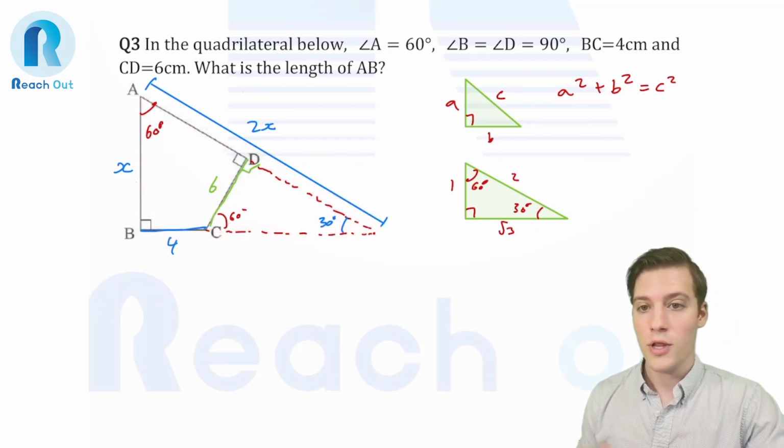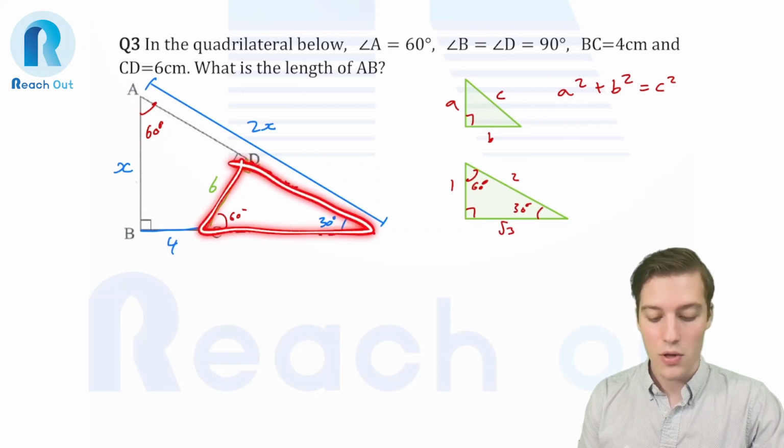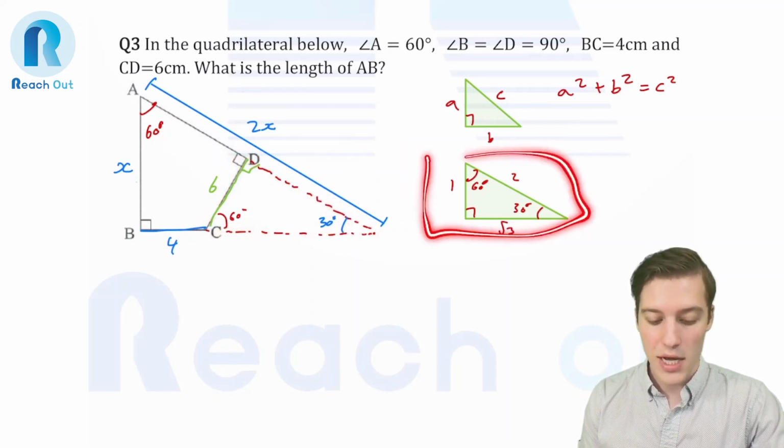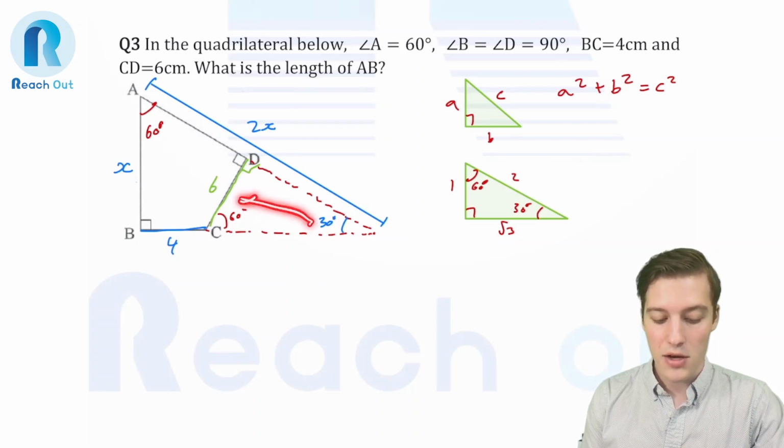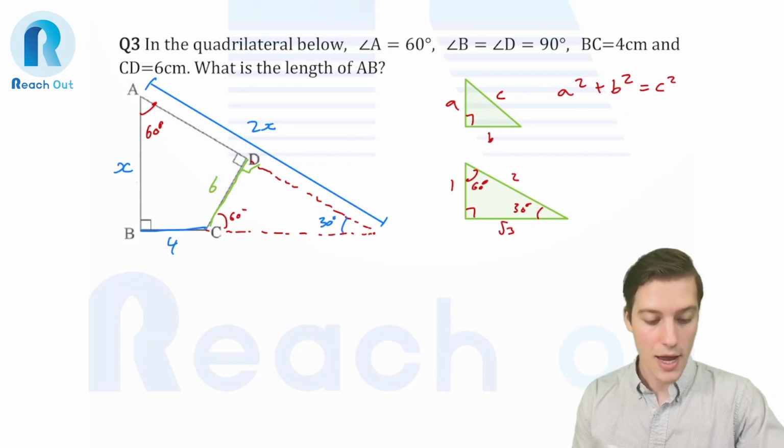The relationships between the sides of this triangle are still going to be true. As I've shown in my diagram, this is my hypotenuse, opposite the right angle. That's going to be double the side opposite 30 degrees. So this hypotenuse is going to be double this, so it's going to have a length of 12.